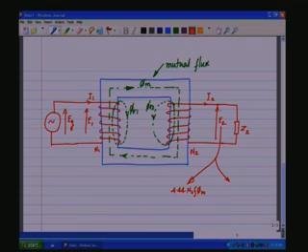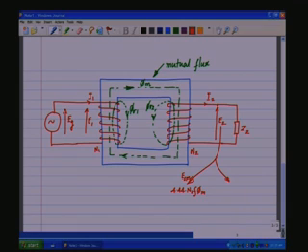That is one component which is due to this flux. And we call this one, let us say, just E2 due to the mutual flux.